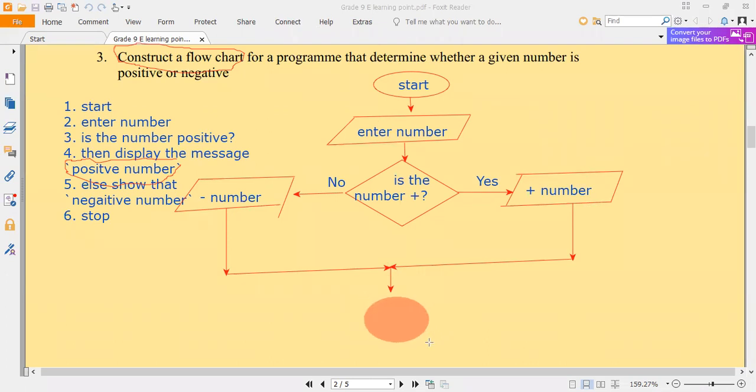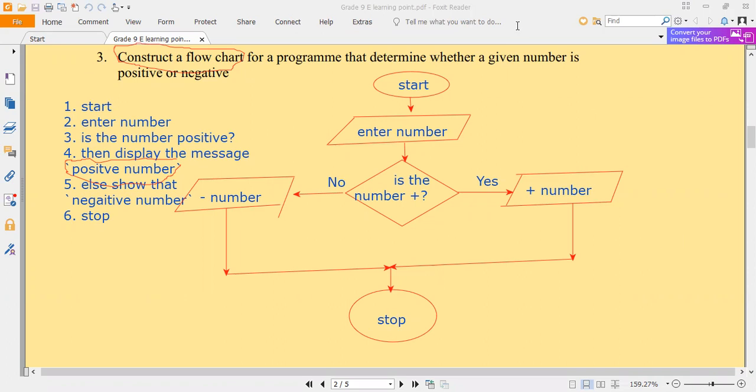That is a stop shape. We're gonna put it right here, and inside of that, we're gonna indicate the word stop because this program is done.